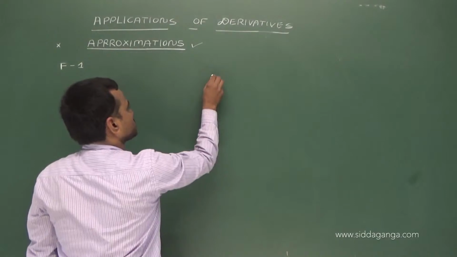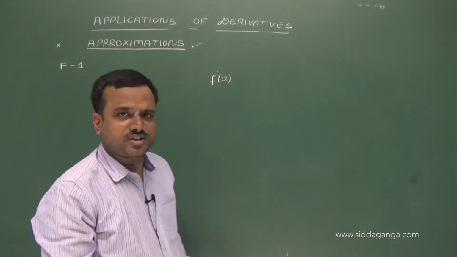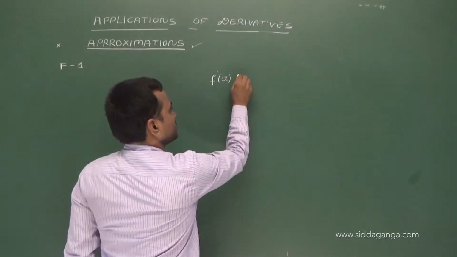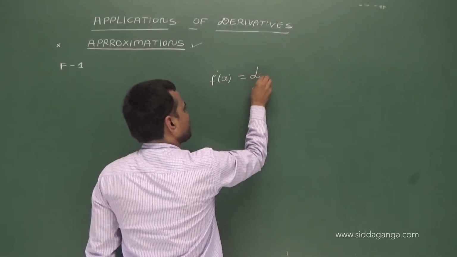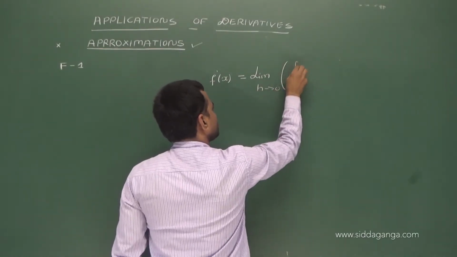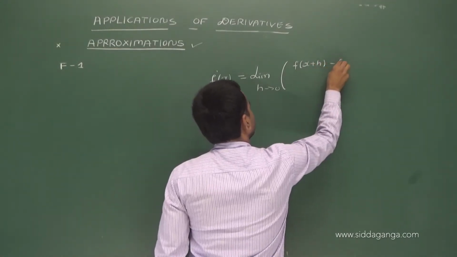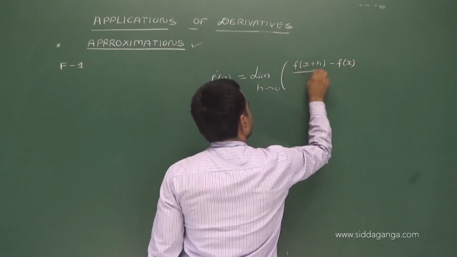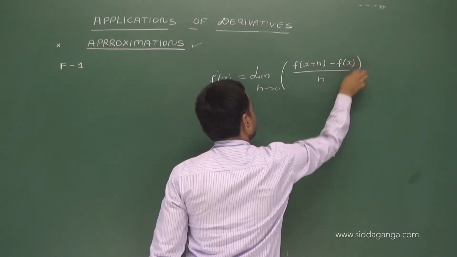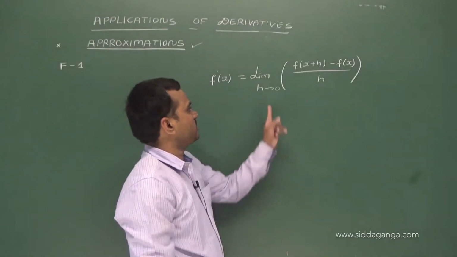Already you know the first principle method in first PUC: f dash of x is the limit as h tends to 0 of f of x plus h minus f of x divided by h.